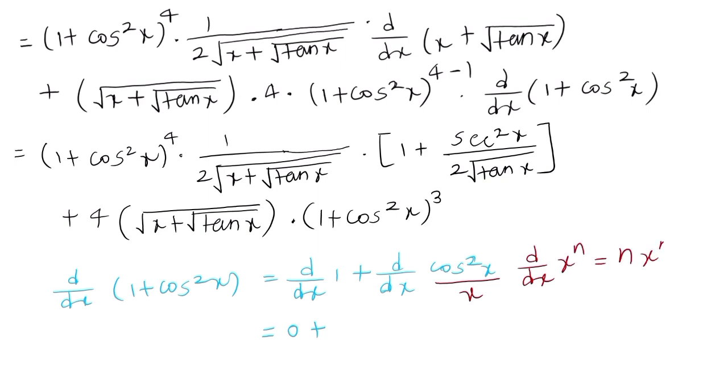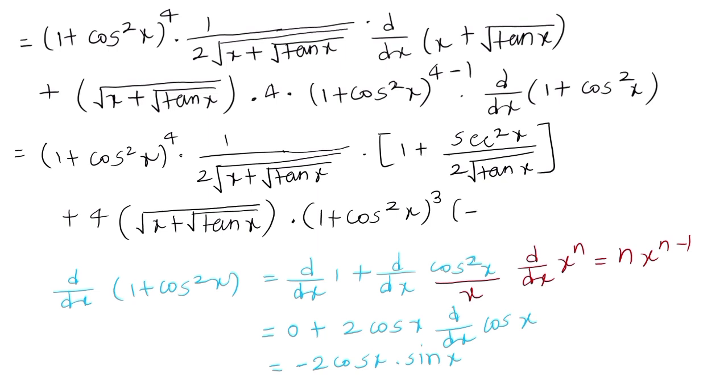It is n x raised to n minus 1, which will be 2 cos x, since 2 minus 1 will be 1. So it will be 2 cos x into differentiation of cos x. Differentiation of cos x is sin x and it is minus, so minus sign at the start.